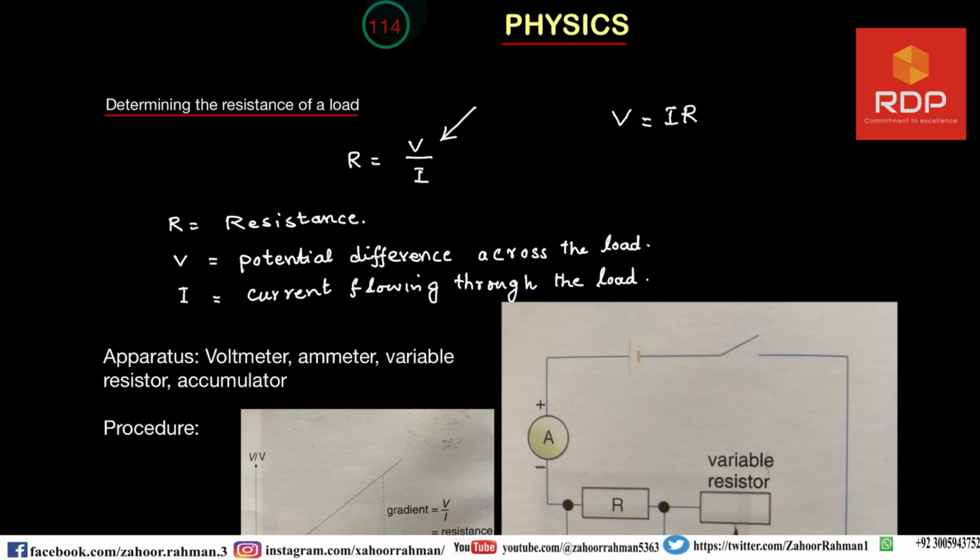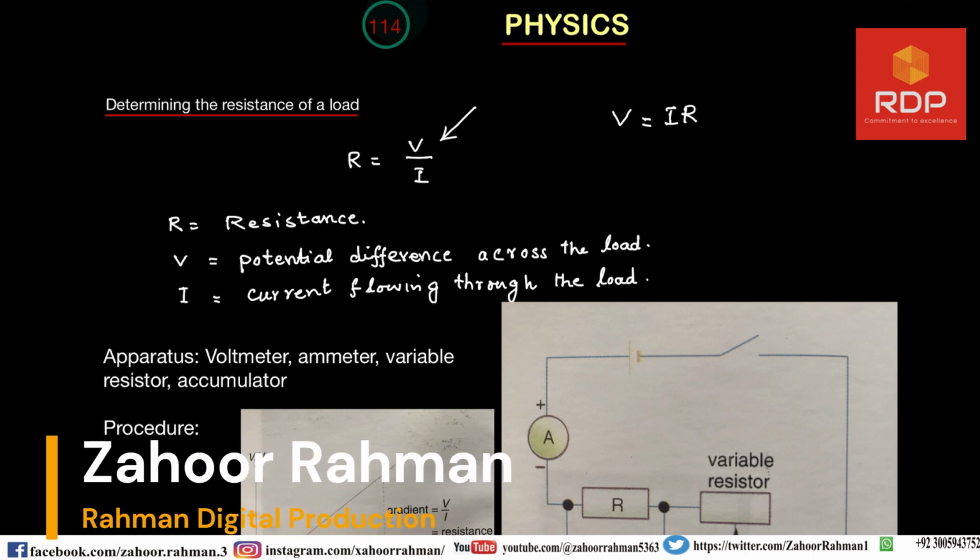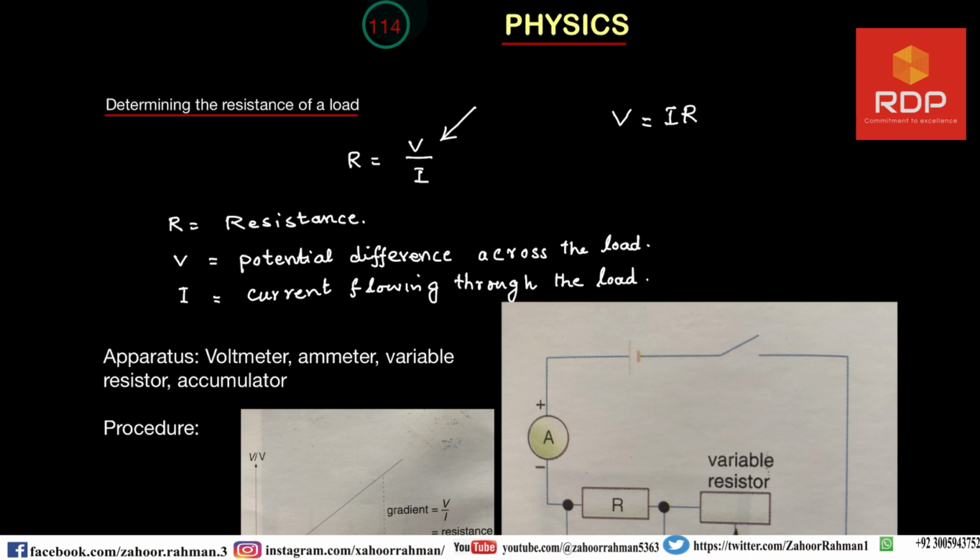So if we want to determine the resistance of a load, such as an unknown resistor, we can set up a simple circuit using an ammeter and a voltmeter. The ammeter is used to find the current flowing through this load, and the voltmeter to find the potential difference across this load.